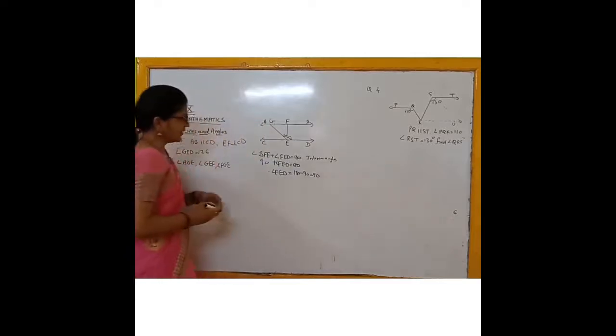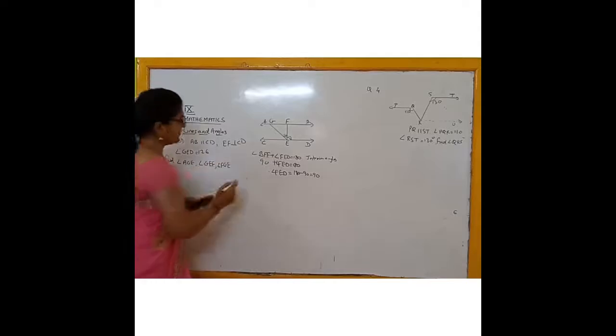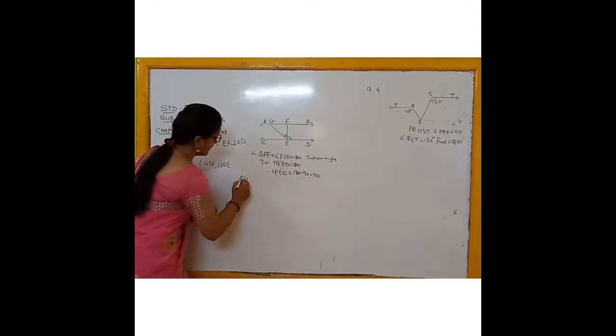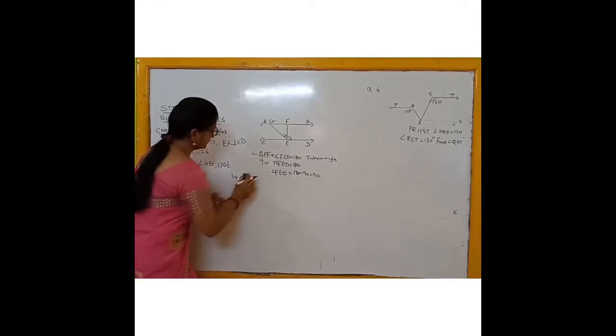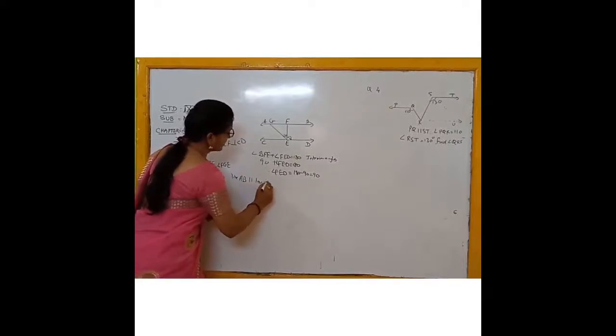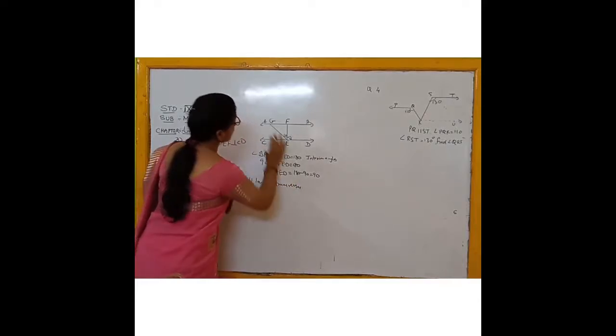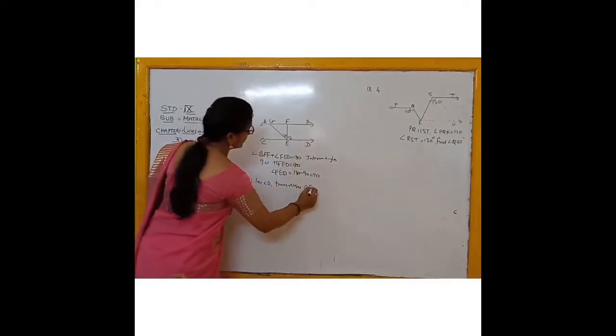Now next, AB is parallel to CD, line AB parallel to line CD, with transversal GE.